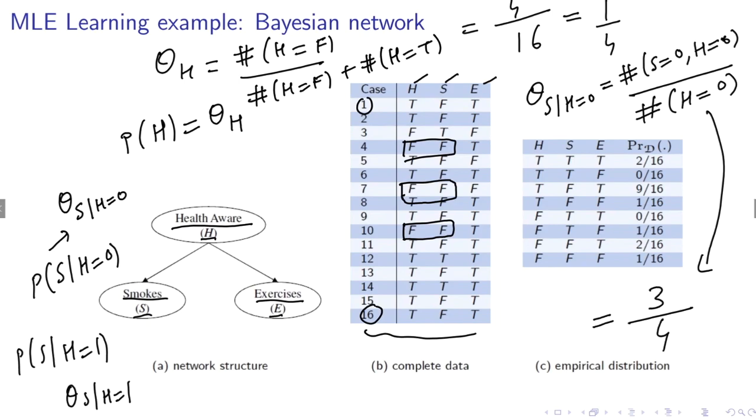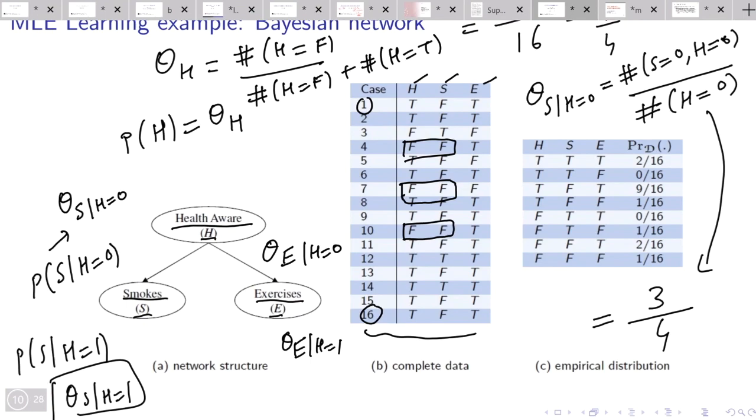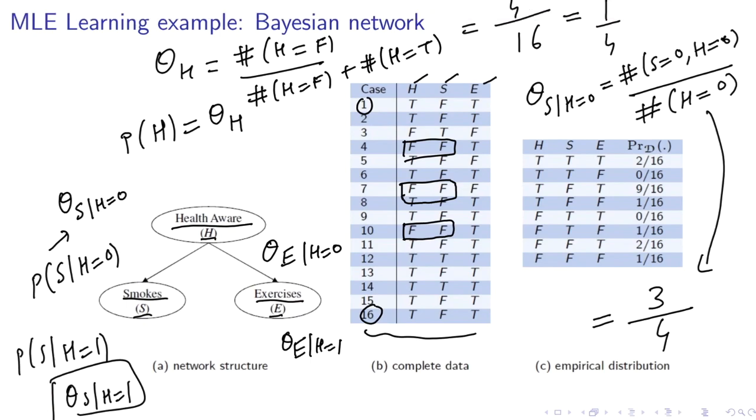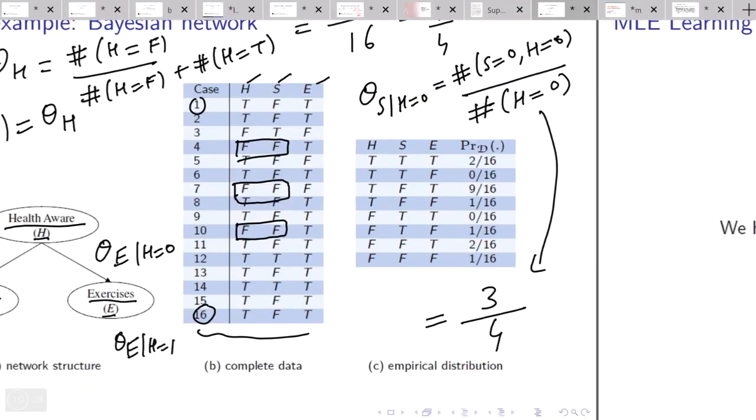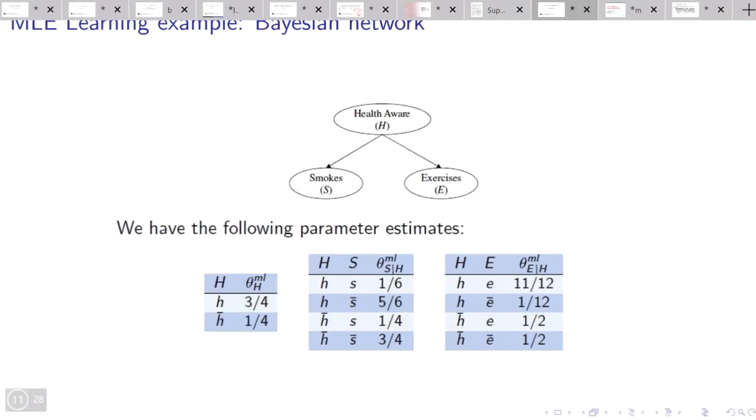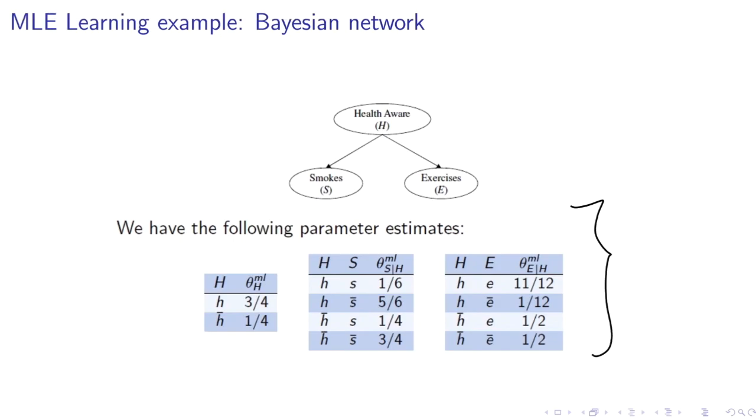Okay, similarly we can compute other parameters such as theta of s given h equals 1, as well as theta of e given h equals 0 and theta of e given h equals 1. Okay, so if you do the counting on this data set, you will realize that these are the maximum likelihood estimates for the different parameters.